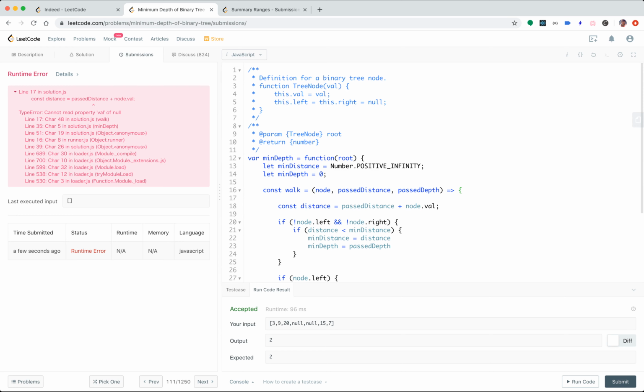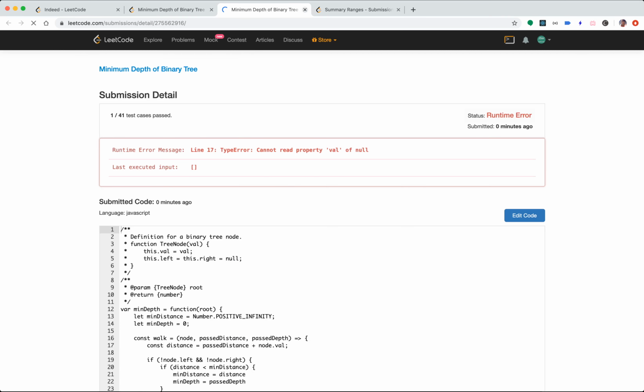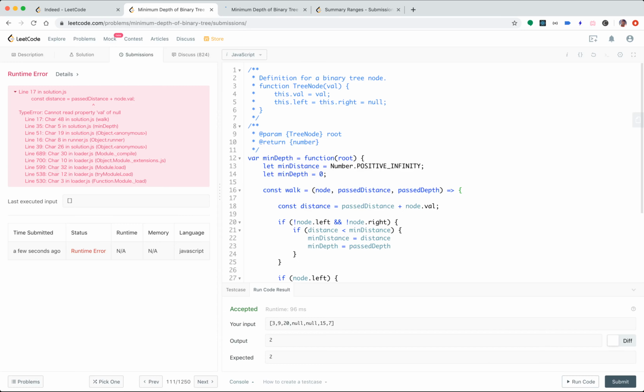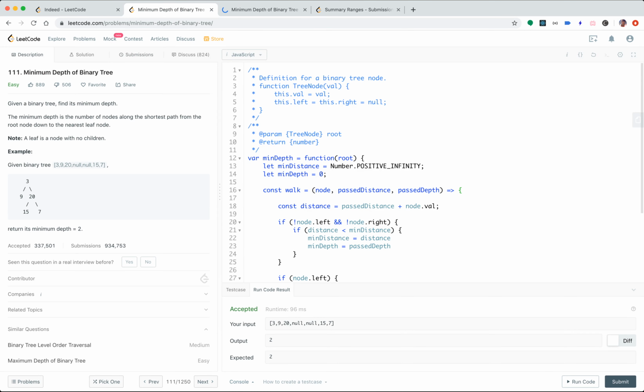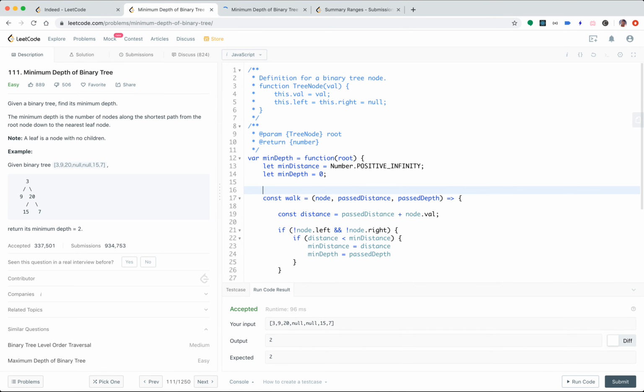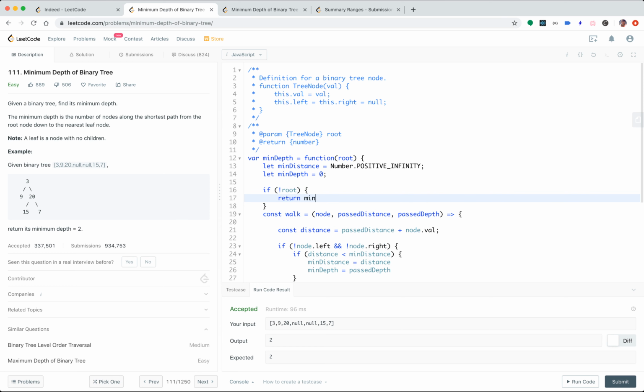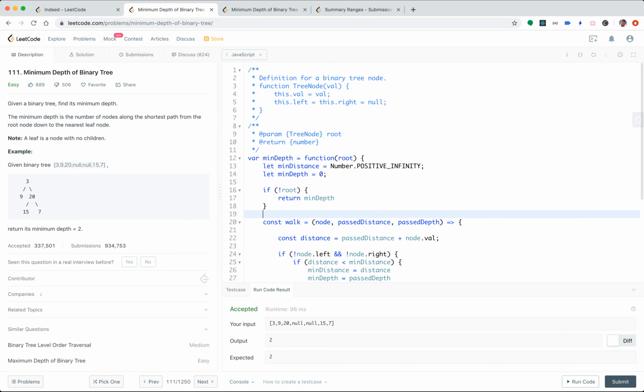What is that? Input is empty, so if root is null, return min depth. The edge cases.